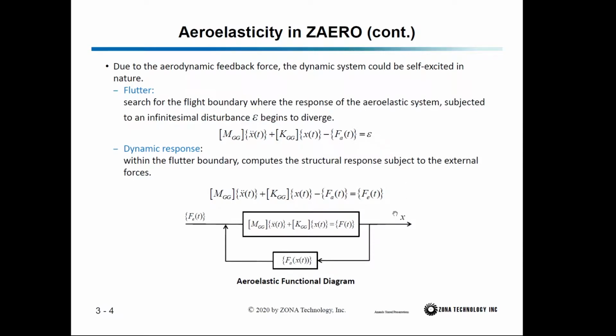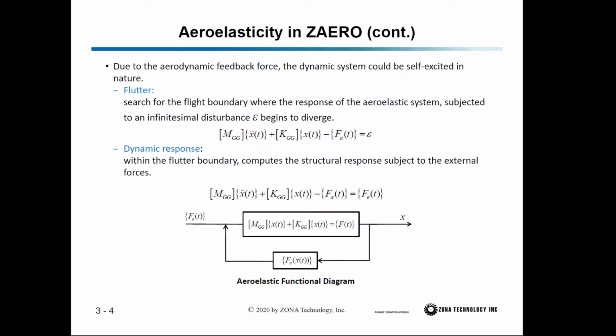The aeroelastic system can be shown by this diagram. So you have an equation of motion for given external forces, and the structure will deform. This deformed structure can induce aerodynamic feedback force. This feedback force will be added to the external forces. Because it is a kind of closed loop system, it could be unstable.